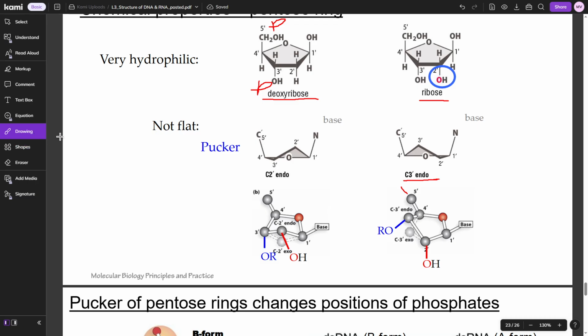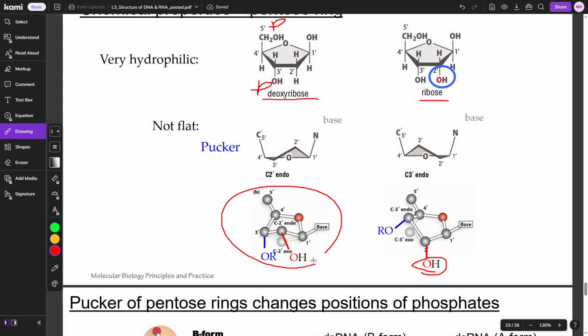It wouldn't be very stable, that's for sure. But with the C3 endo, because these things are now so far apart, that repulsive force is less, and it's much easier to have your RNA in this form than in this form.